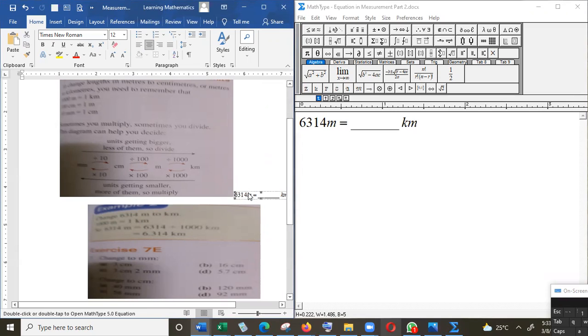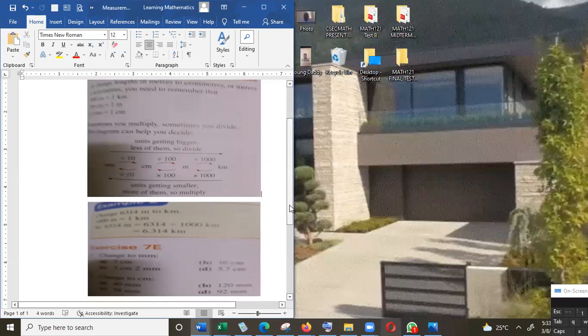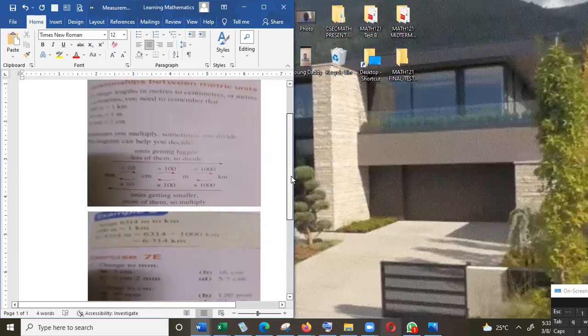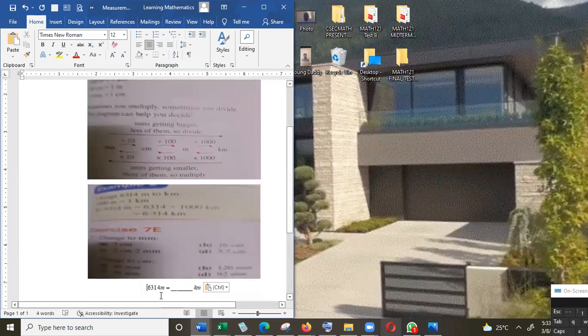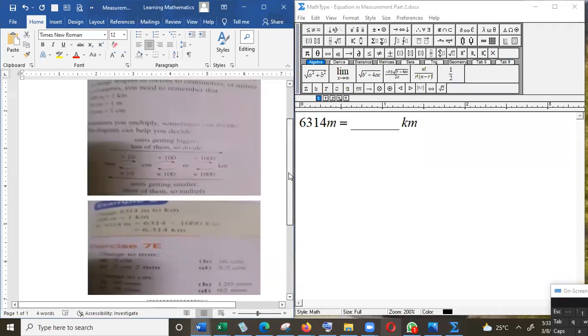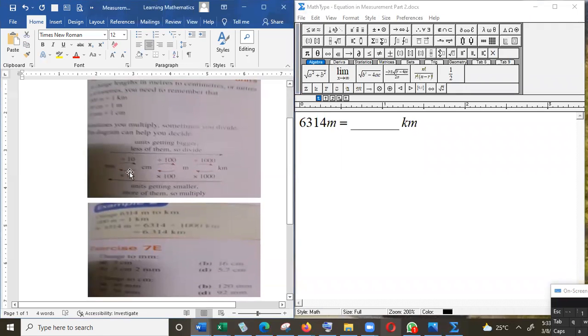From meters to kilometers, what do we do? We divide by 1,000.